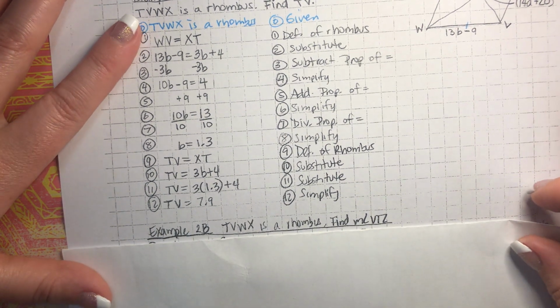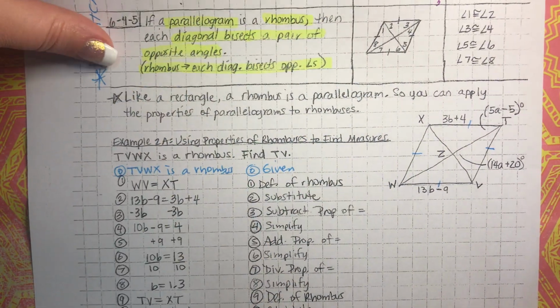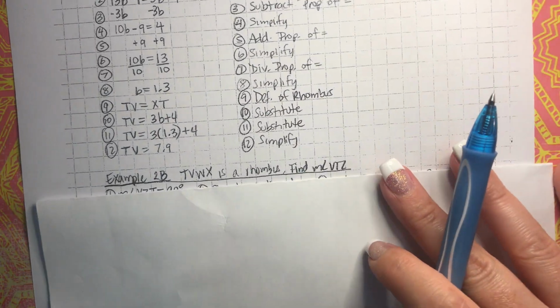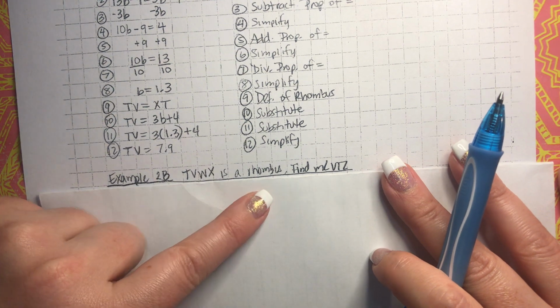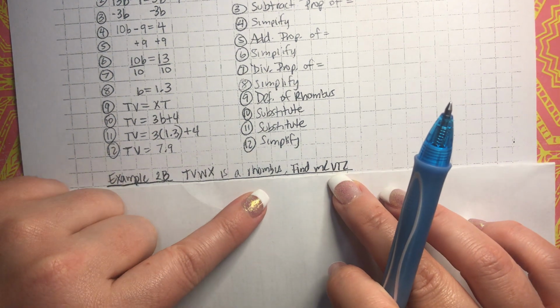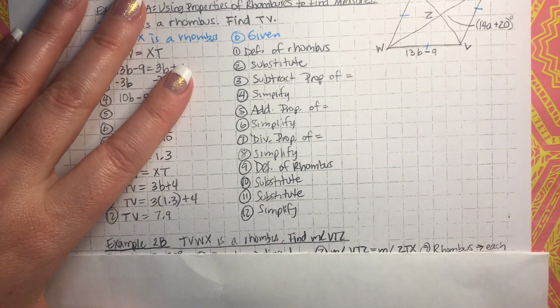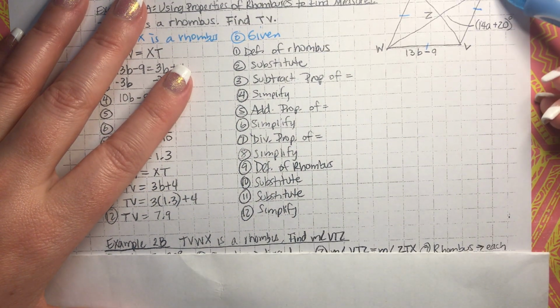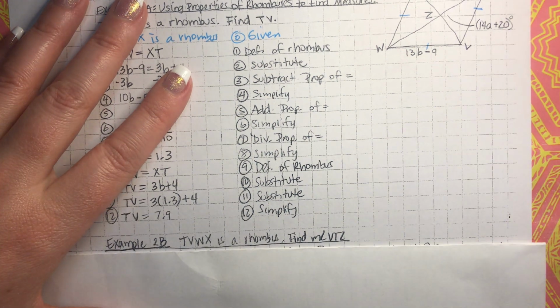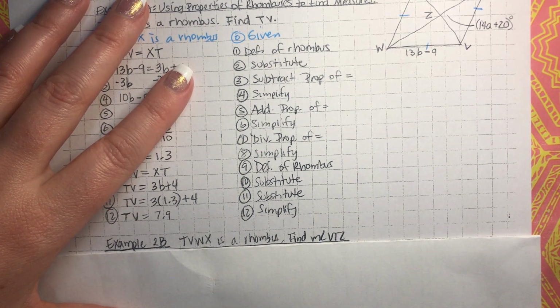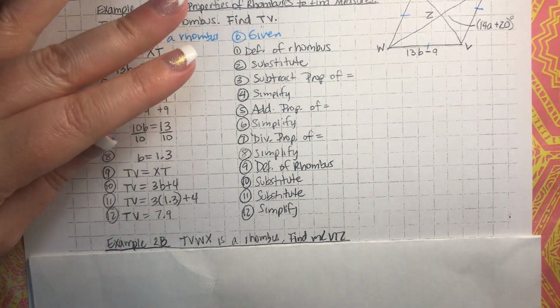It says for 2b, we're still using the same figure, okay? For 2b, it says that TVWX is a rhombus, and we need to find the measure of VTZ. So what is VTZ? Okay, so we are finding this angle here.